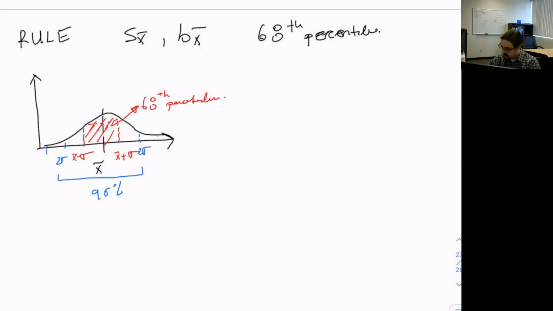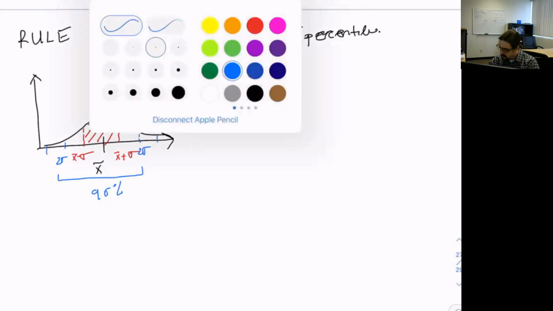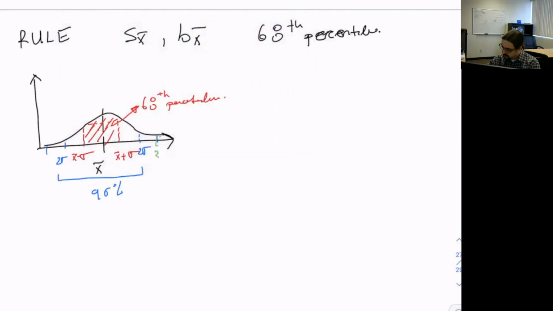Similarly, for 3 sigma, I'm calling it alpha, I mean sigma, I'm so sorry, this is then the 99 percentile, meaning that we expect 99% of the population to be within 3 standard deviations away from the mean.